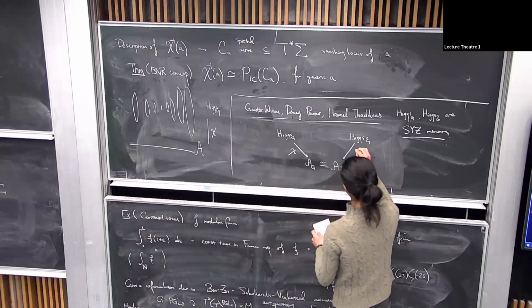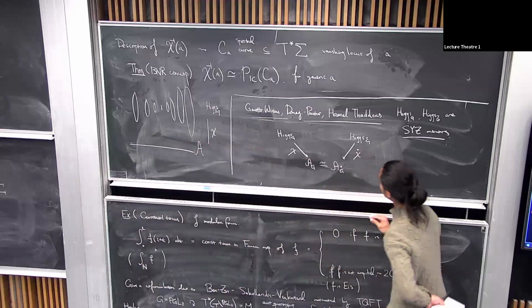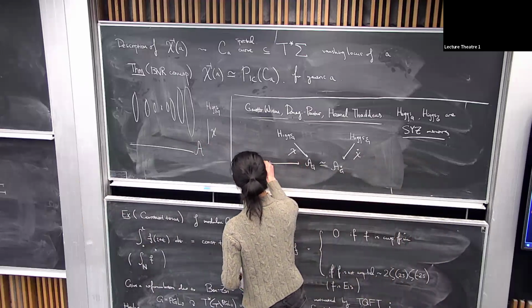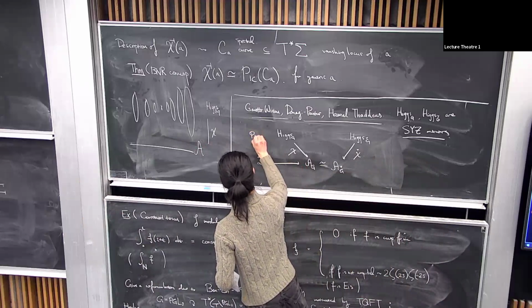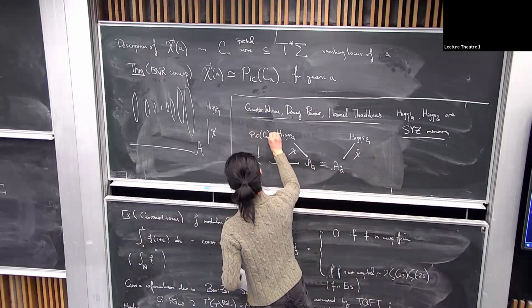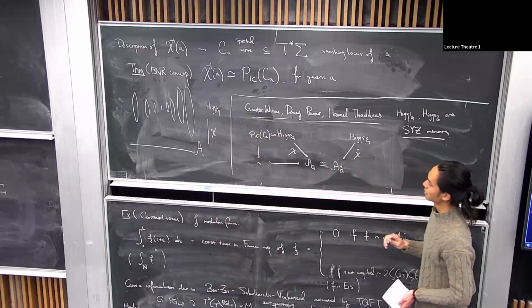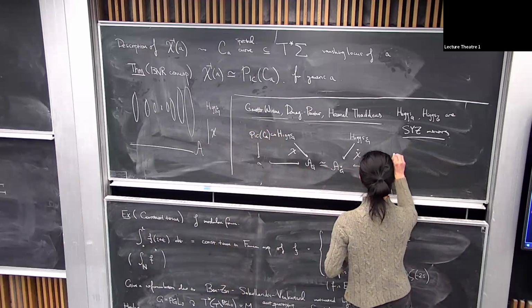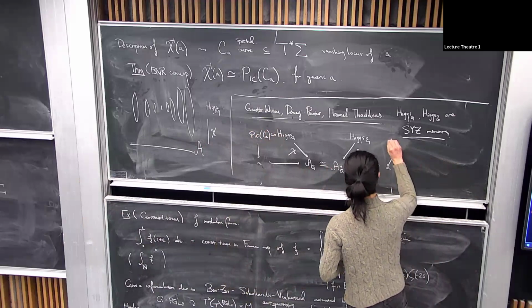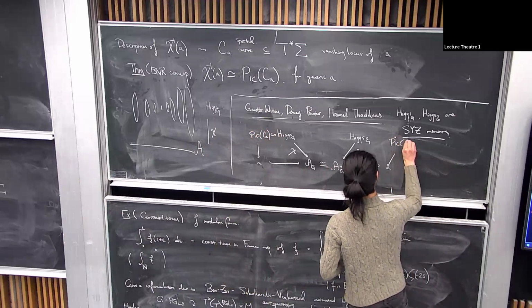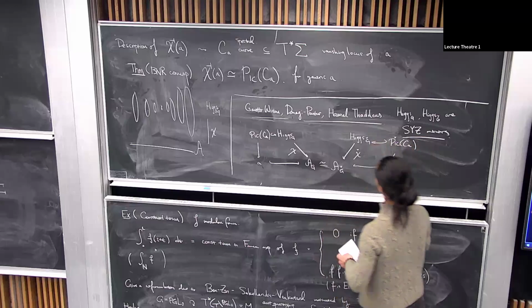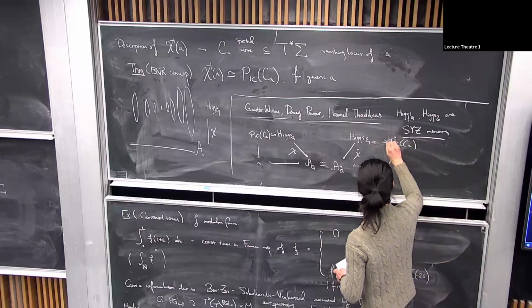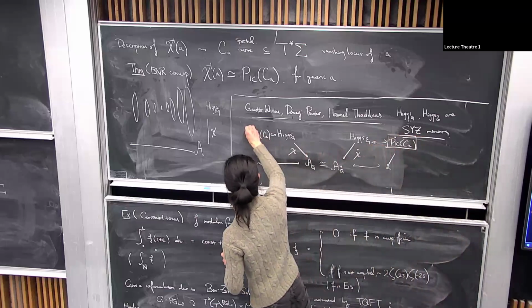Maybe I'll call this one I. Now if I pick a generic point A, then over it I have a fiber of Higgs G. Over here I can pick the same point, and I would get the fiber of Higgs G check. Their picture is basically saying these two are dual tori.